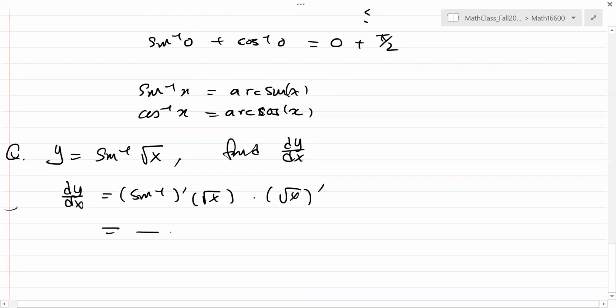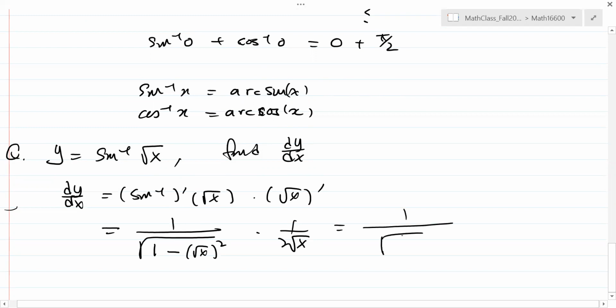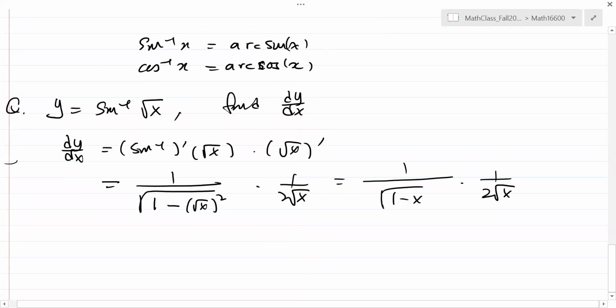The derivative of the inverse function will be 1 over the square root of 1 minus whatever is inside, squared. So square root of x, squared, and the derivative of the square root of x is 1 over 2 times square root of x. You have to simplify it. You will get 1 over the square root of 1 minus x, times 2 square root of x. Okay, this will be the answer.